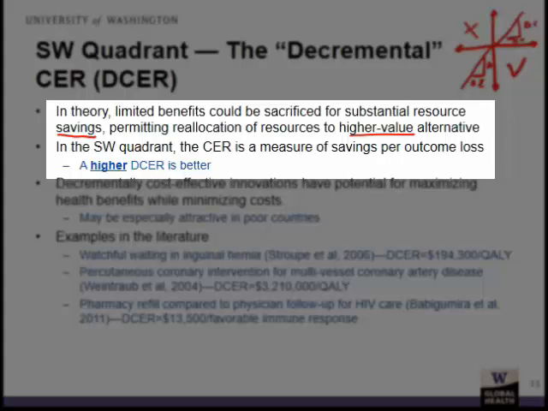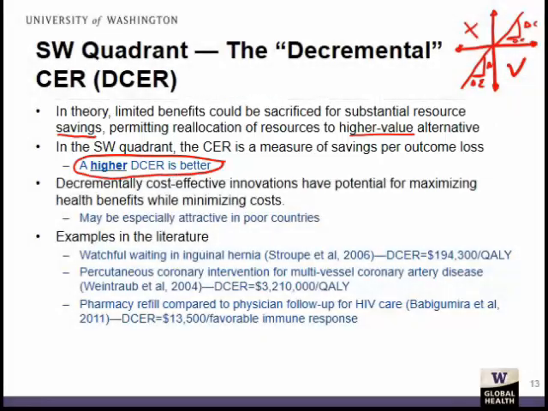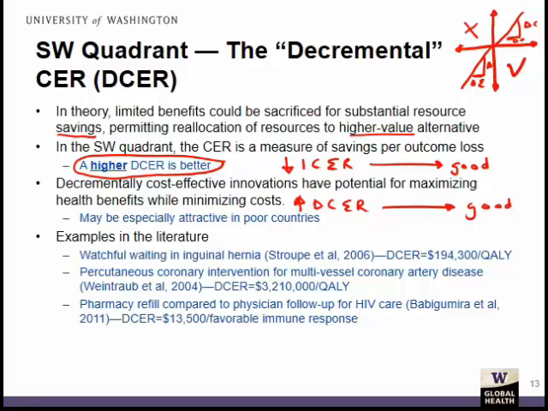And a higher DISA is better. And we saw that a lower ISA is good, but a higher DISA is also good. And what that means is that for a small reduction in effectiveness, you are generating a huge amount of savings.